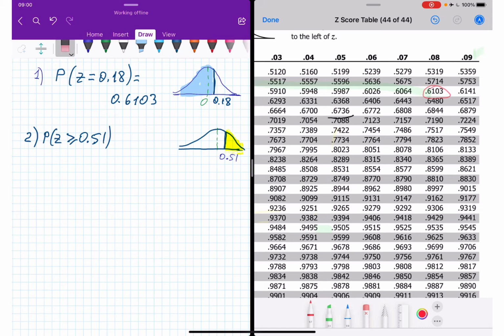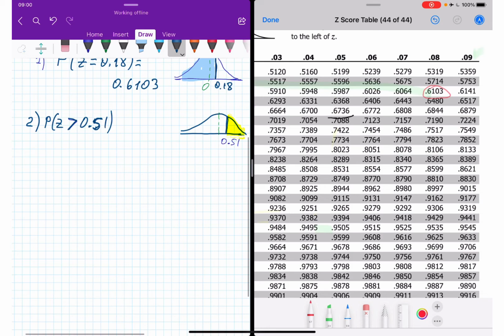Let's not put equal, because for equal we don't have to go the way we are going to go. It's greater only. Equal sign you can put when you have less than, okay, to the left. Just like we put z-score equal 0.18.